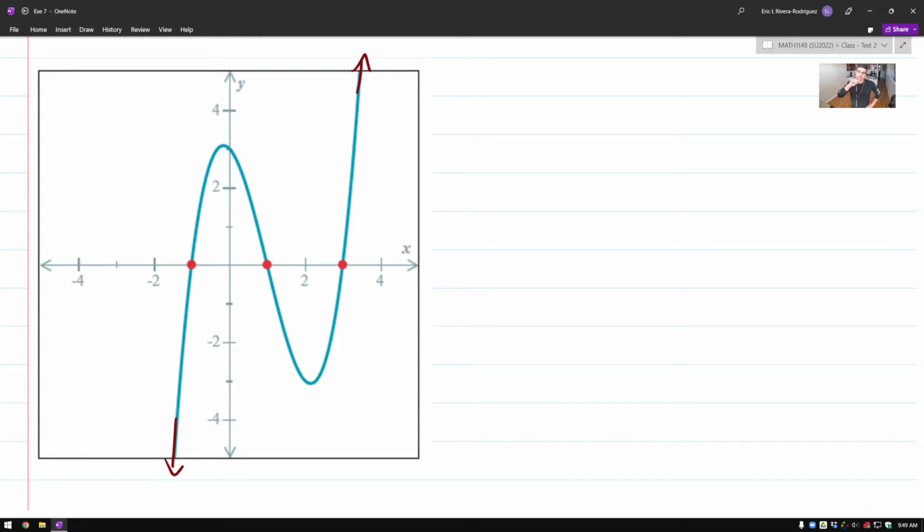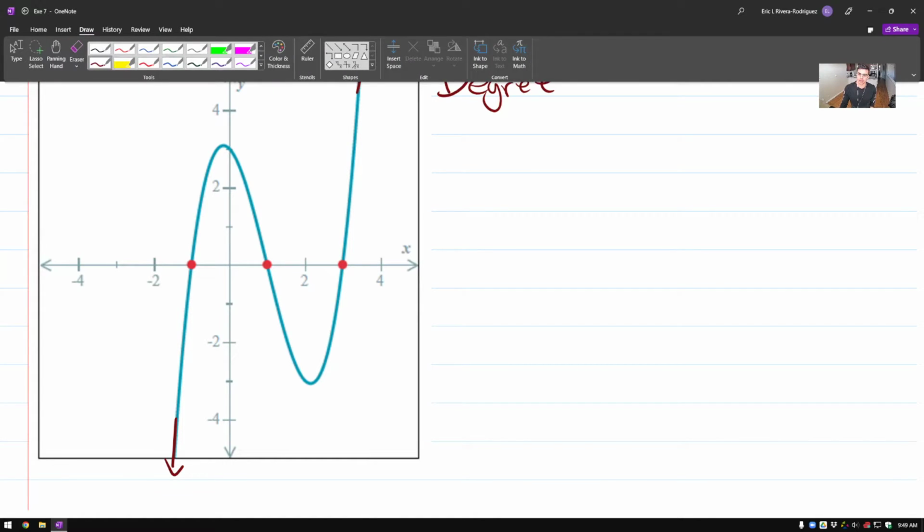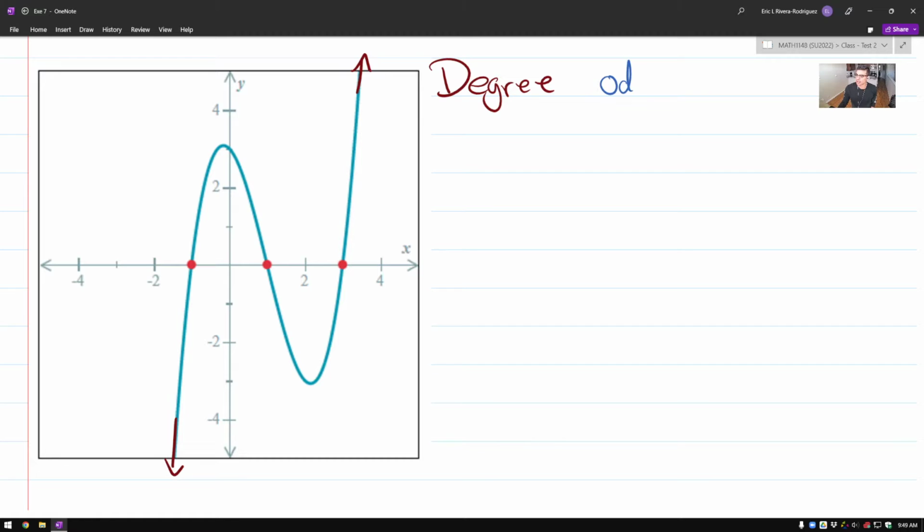So this shape will tell us about the degree of the polynomial. My question for you is, is it odd or is it even? The degree of this polynomial is odd or even, based on the shape of the endpoints.